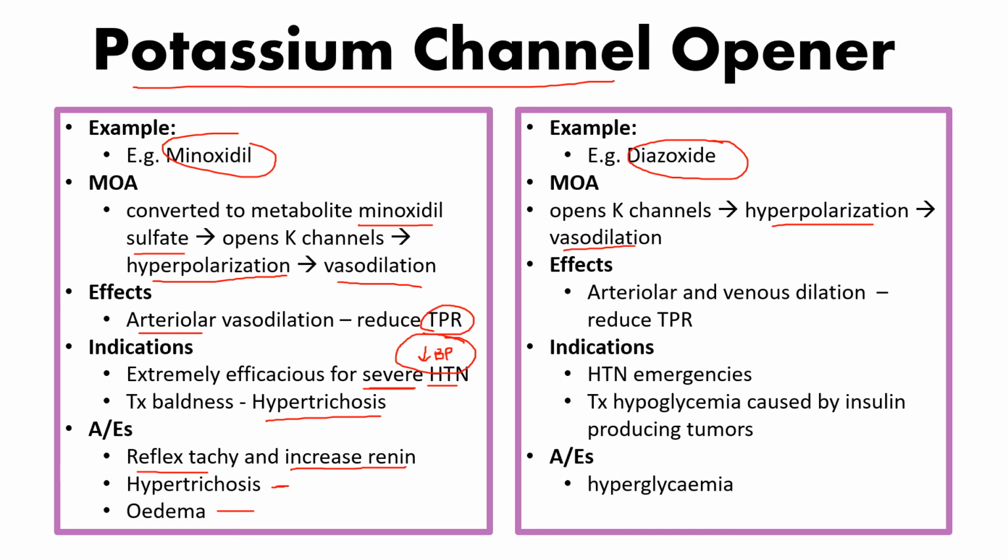They are indicated for hypertensive emergencies, and I believe they are given via IV bolus or infusion. It's also used for the treatment of hypoglycemia caused by insulin-producing tumors, because diazoxide has the ability to reduce the release of insulin and therefore promote hyperglycemia. And therefore, we can get hyperglycemia as an adverse effect, especially at high doses.